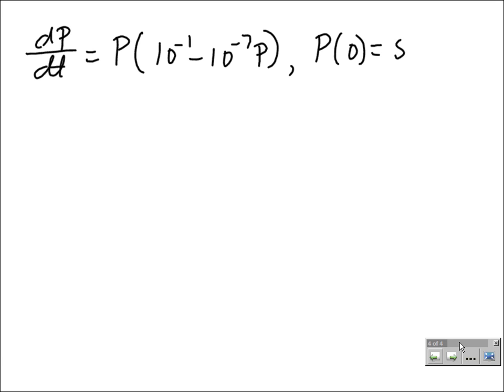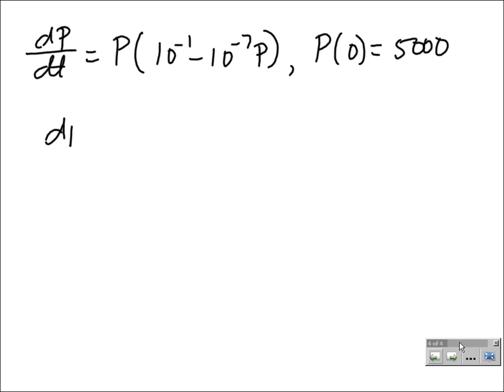The population of the people in this large city is given by dP/dt equals P times 10 to the negative 1 minus 10 to the negative 7 P. And they're also told the initial population is 5,000.